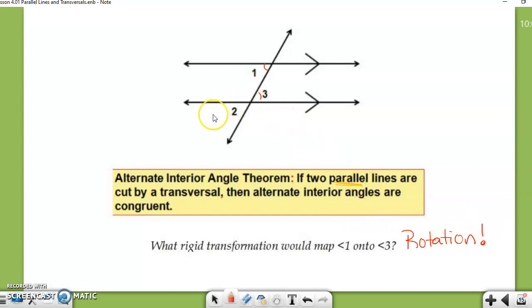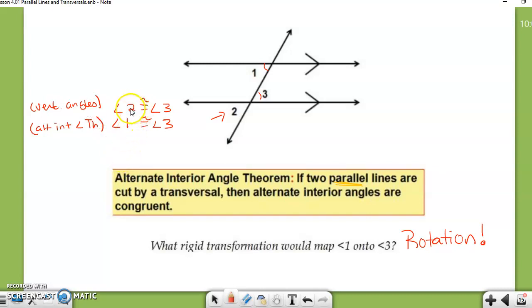Okay, so now again, I talked about this one. Let's take a look. Angle 2 is congruent to angle 3, and that is because of vertical angles. Well, I know that angle 1 is congruent to angle 3 because of the alternate interior angles theorem.